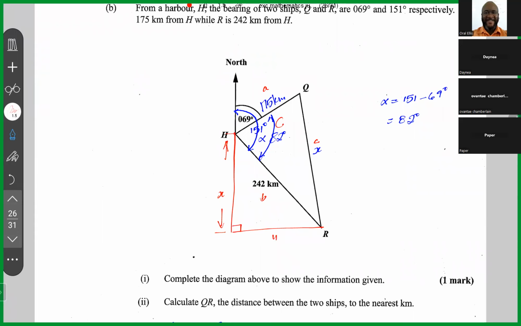So the distance Y is how far east, and X is how far south R is from H. So we need to find that distance.